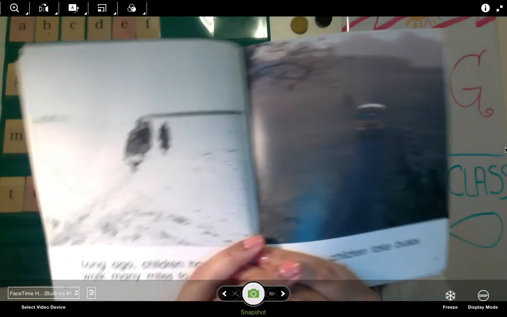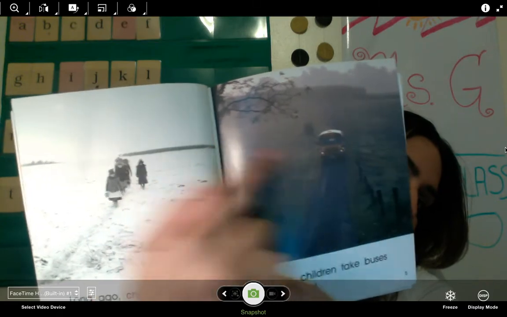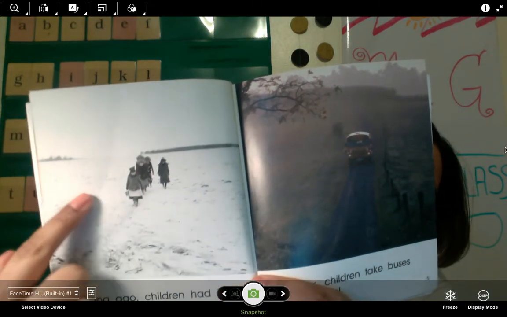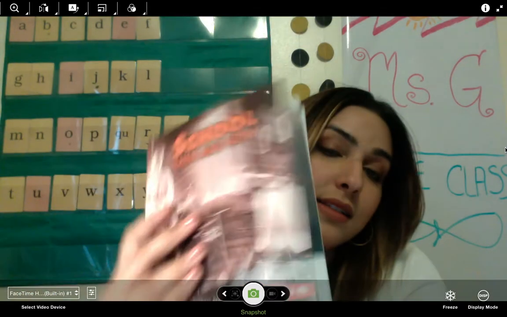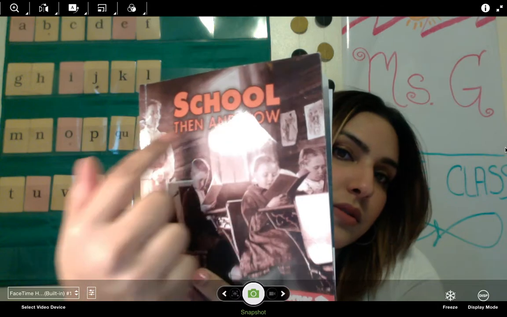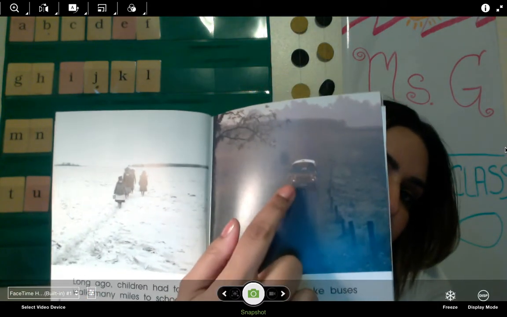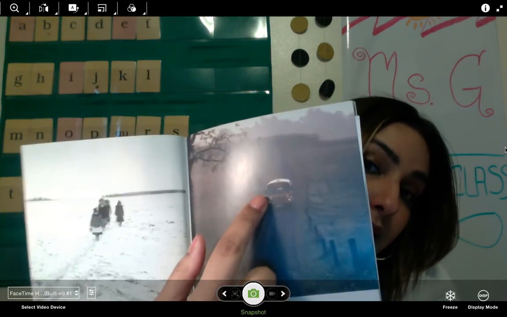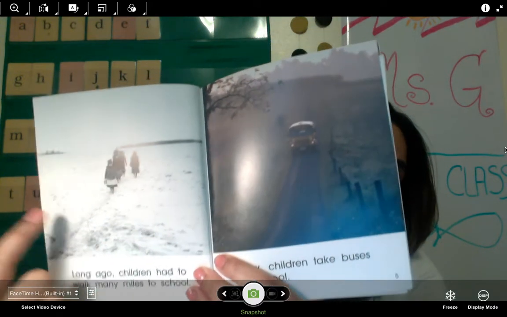If I just looked at the pictures and didn't look at the words, it kind of looks like there's kids here, right? There's kids here and they're walking probably to school because the title of our text was School Then and Now. And then I see a school bus on this side. And usually in a school bus, there's kids going to school, right? So I think what is showing me that this is the past.